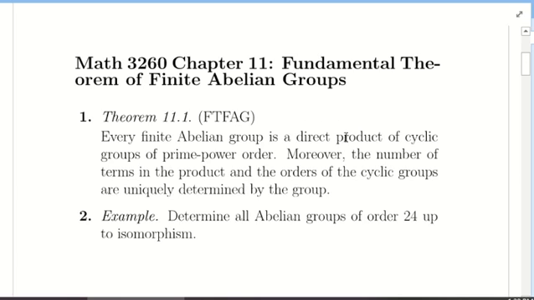Abelian groups are nice. Okay, they are the direct product of cyclic groups of prime power order. And not only that, if you look up the isomorphism class of each, there's more or less a unique way to write it out.